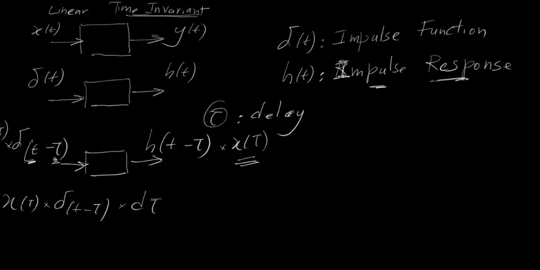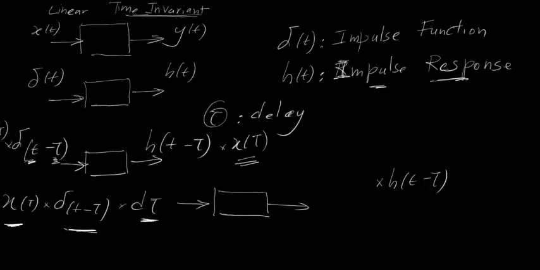So I took my delayed impulse, multiplied it by x at time tau, and d tau is just an interval, a very small interval of time. If I feed this to my system, again, because it is linear, I should get the response to delta delayed by tau, times x at point tau, times an interval d tau.